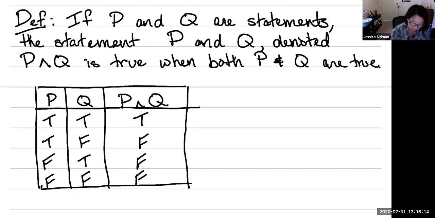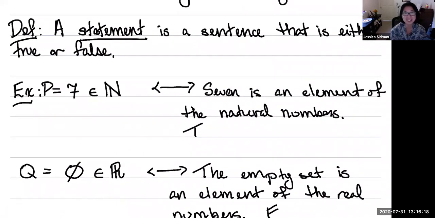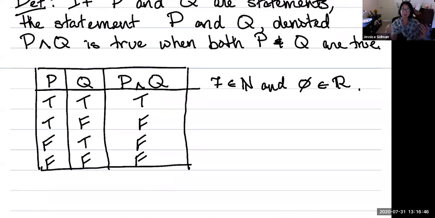So for example, if we go back to those concrete examples and P is 7 is a natural number and Q is the empty set is an element of the real numbers. So we could make a new statement that's 7 is an element of the natural numbers and the empty set is an element of the real numbers. So that's a new statement.